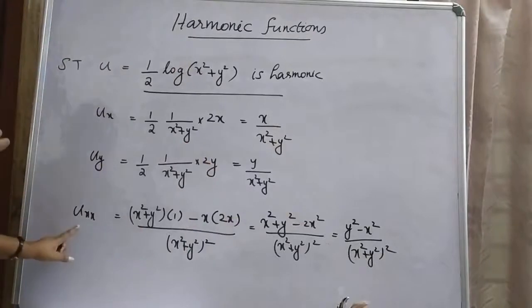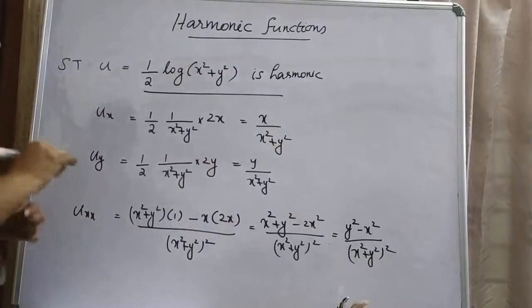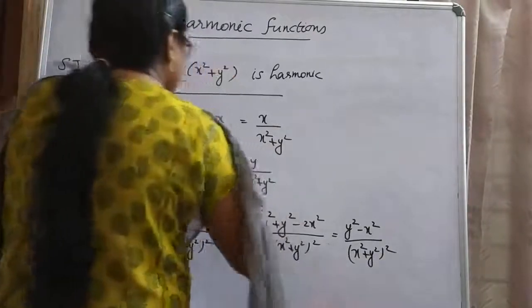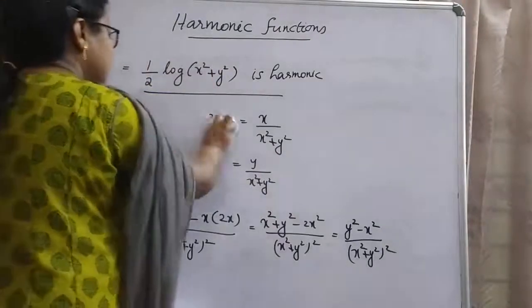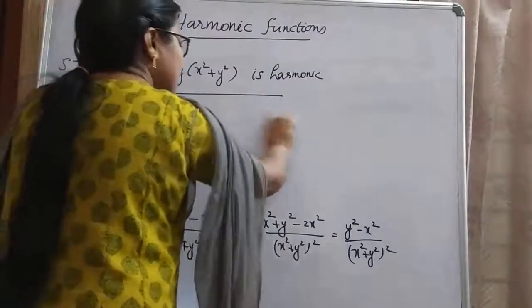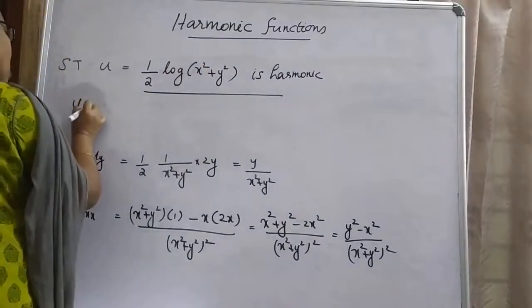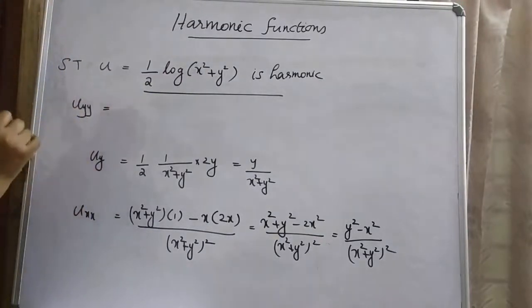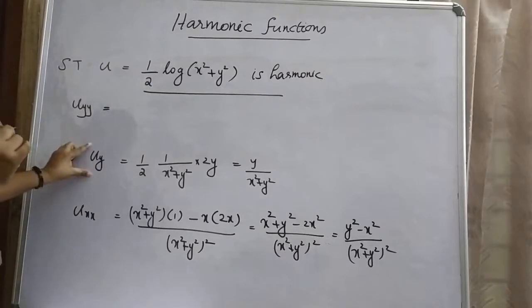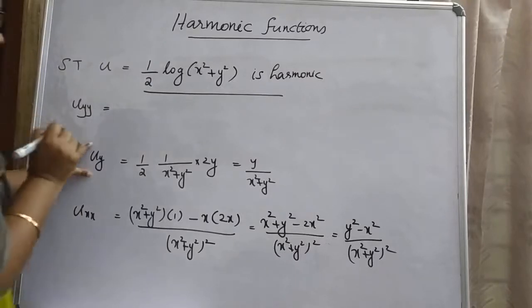Now we have to find uyy. Uyy is ∂²u/∂y², which is the partial derivative of uy with respect to y.